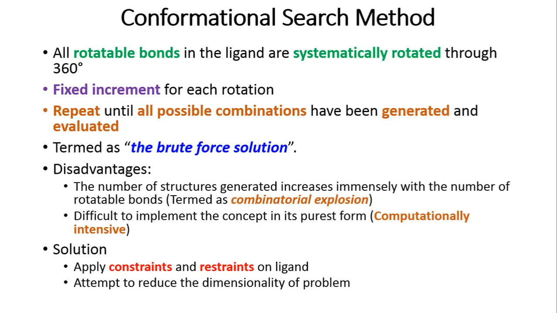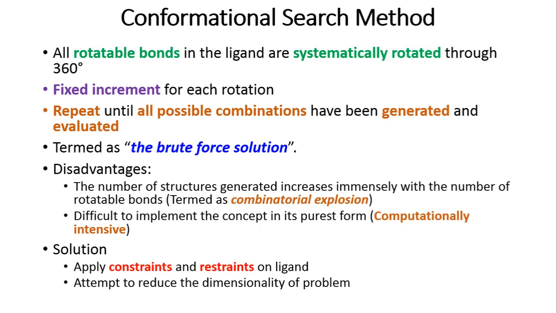Now, applying constraints is necessary because we know that not all bonds in your ligand molecule may be flexible enough to turn by 360 degrees at any angle, right? Well, say for example if there is some unsaturation in your compound, if there is a double bond its rotation remains limited, and if there is a triple bond its rotation becomes even more limited, right?